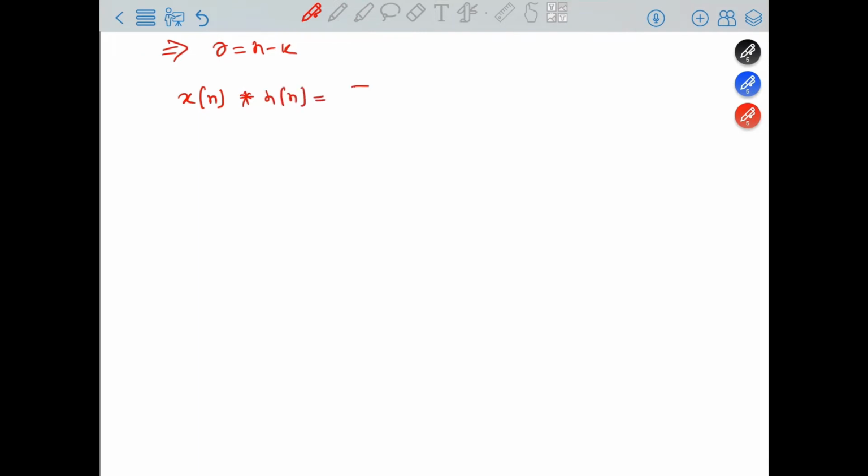Using the definition of convolution, this equals summation k equals minus infinity to infinity x[k] h[n minus k]. Now we replace r for n minus k, so k is written as n minus r. Suppose this is equation number 1.